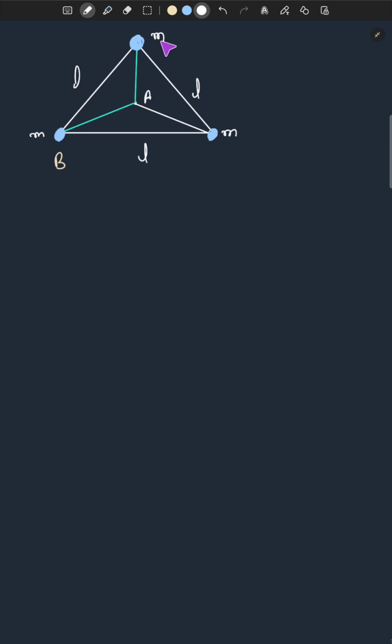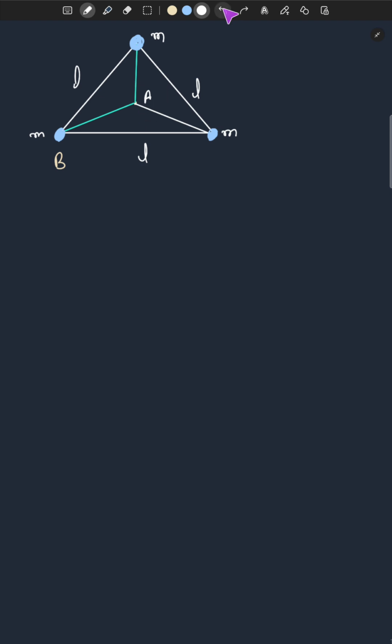If this was 2M, the center of mass would shift a little bit upwards. But right now the centroid and center of mass are at the same position.